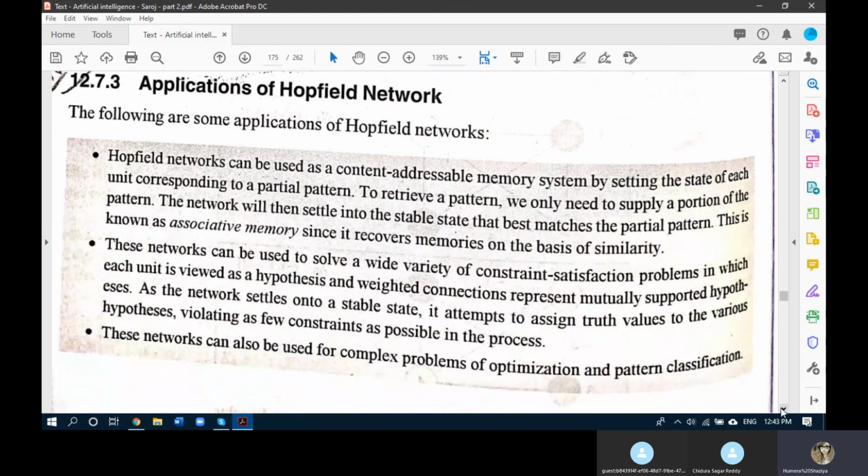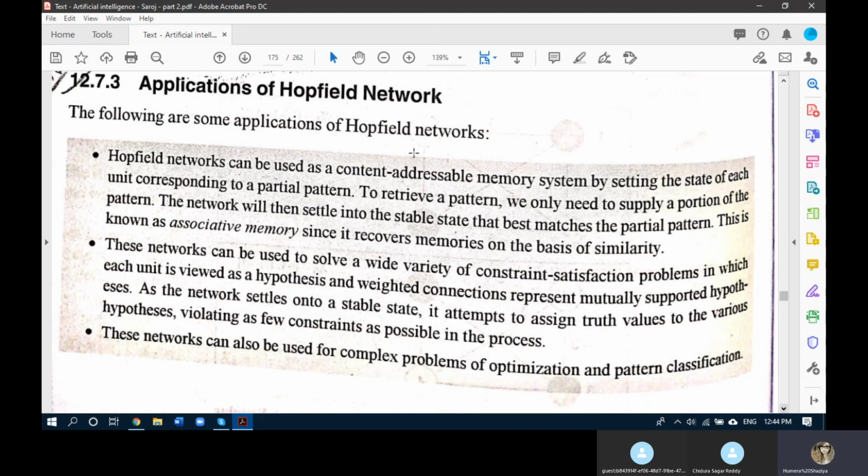Applications of Hopfield network. Going ahead with the applications, if you recall, Hopfield networks have active and inactive units, and after several iterations, it reaches a stable state.